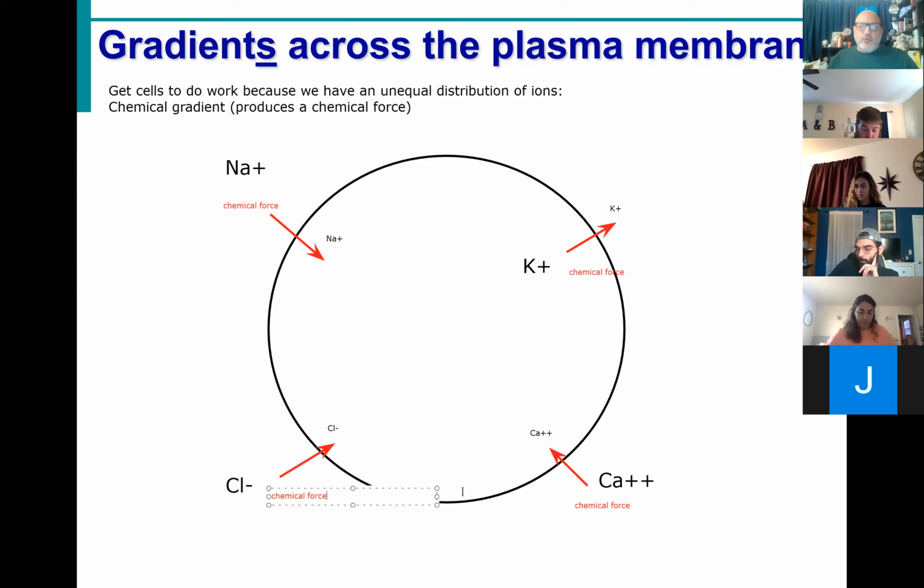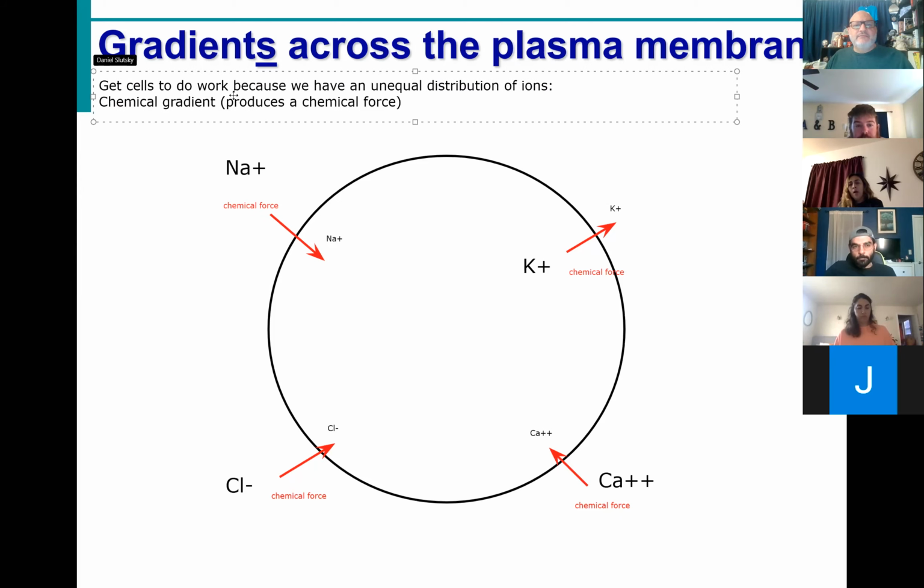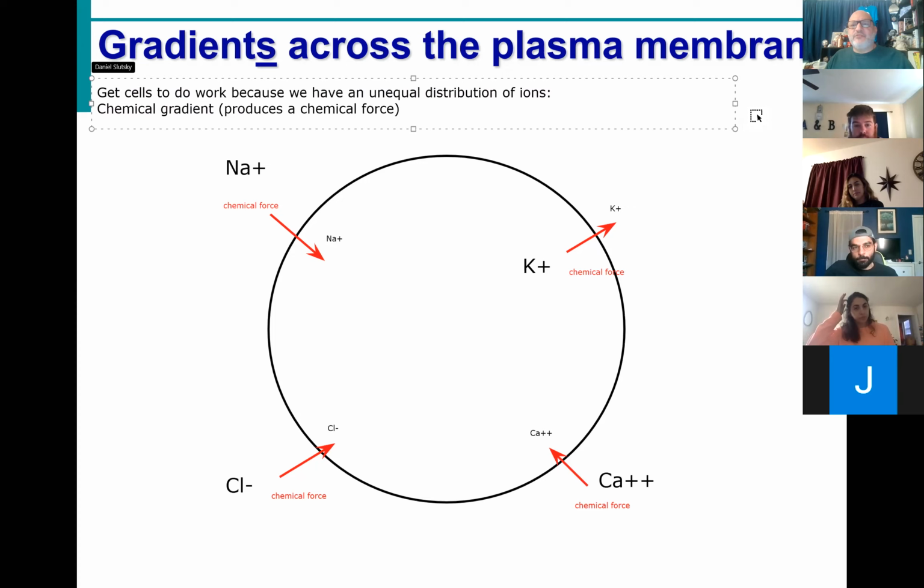But there's one other important thing to remember about these ions, and that is that they're ions, right? And what does that mean to be an ion? They have a charge, absolutely.